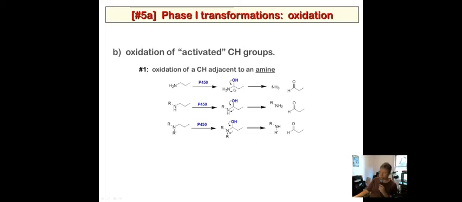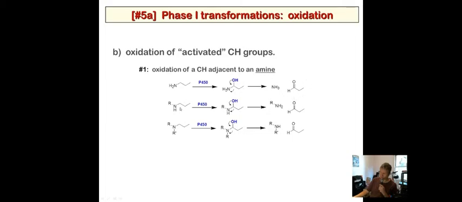Now you have an alcohol, and then the oxygen can kick down and kick off nitrogen, and now you have ammonia and propanol, the 3-carbon aldehyde.